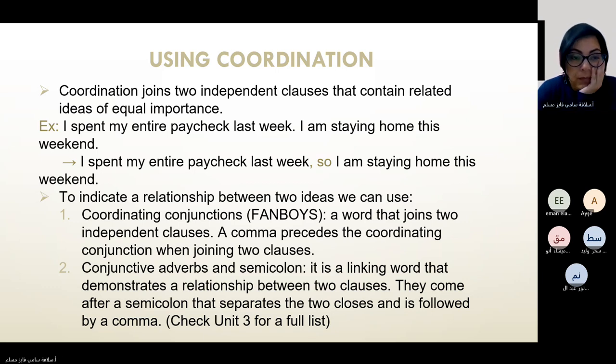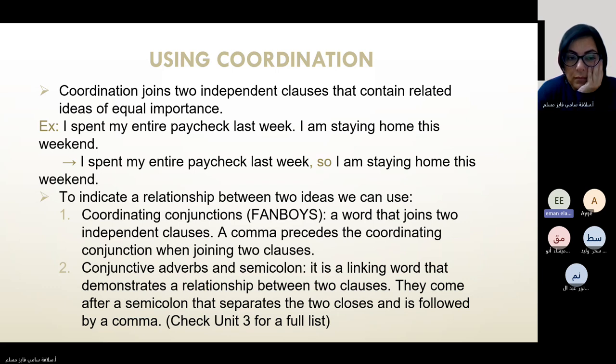Iman, did you hear me? Can you read the example? Yes. I spent my entire paycheck last week. I am staying home this weekend.